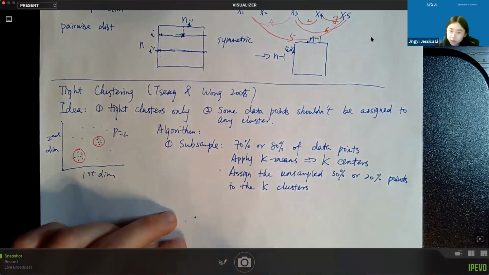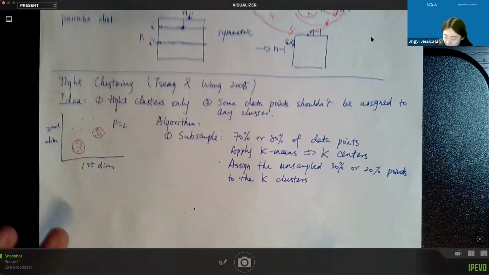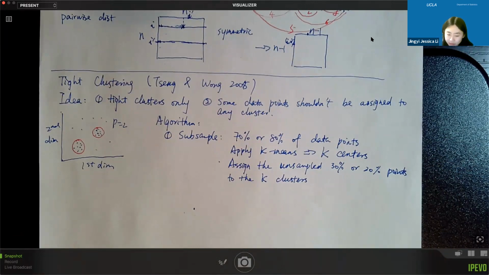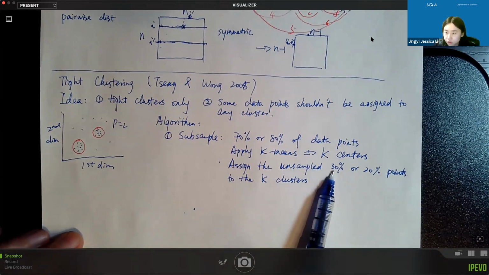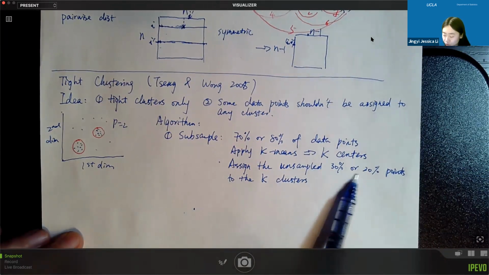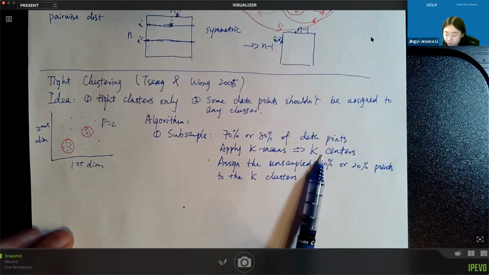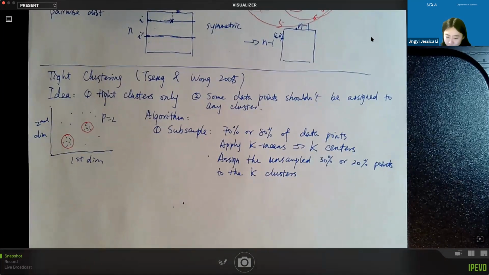So in other words, the centers were only determined by the 70% or 80% points. After determining the centers, you just do the assignment step. You assign the unsampled data points to the k centers. So therefore, you would divide all your data points into k clusters.